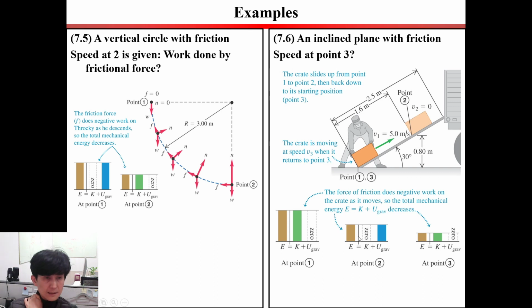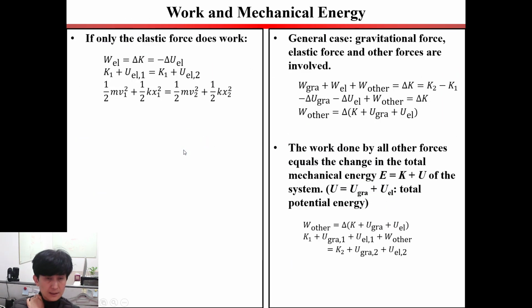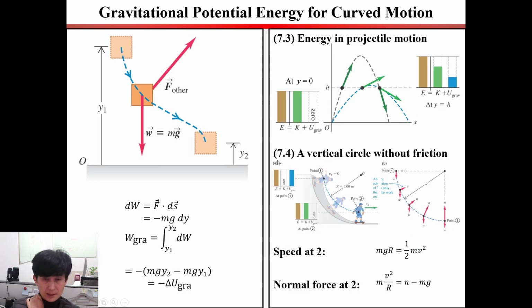This example shows how much work is done by the frictional force. If this is the same case we considered in the example mentioned in case 7.4, if an object instead of a person is released at this point and it gains kinetic energy at the bottom, we can calculate the final velocity by using this simple equation.